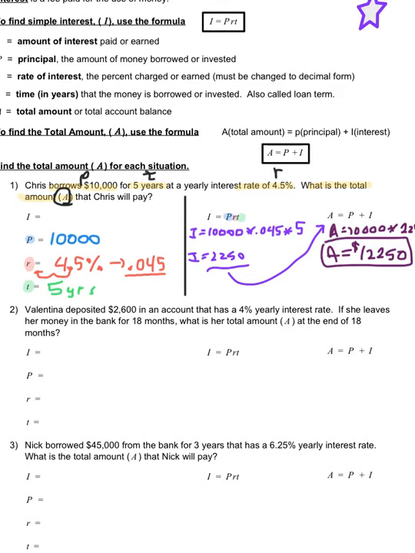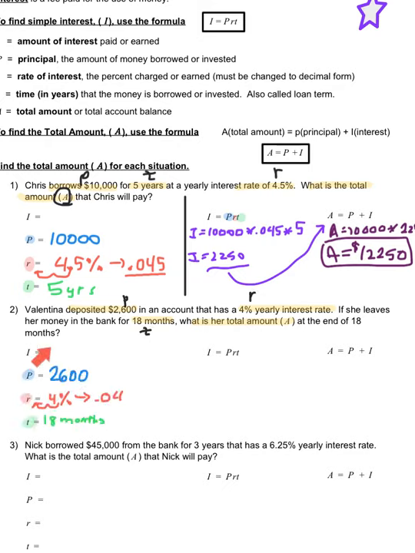Number 2, Valentina deposited $2,600 in an account that has 4% yearly interest rate. If she leaves her money in the bank for 18 months, what is her total amount at the end of 18 months? Now money deposited or borrowed is your P, the percent is your R, your rate, and the months is your T, your time.